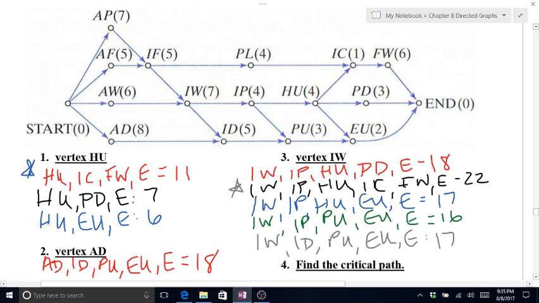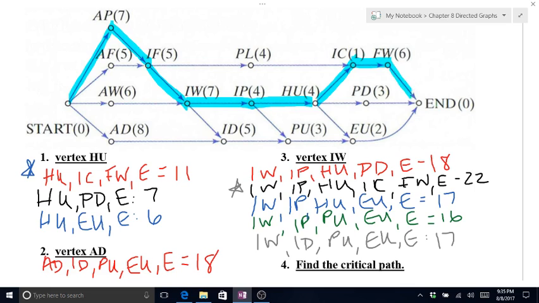So your critical path from start to end goes from start to AP, down to IF, down to IW, to IP, to HU, to IC, to FW, to the end.